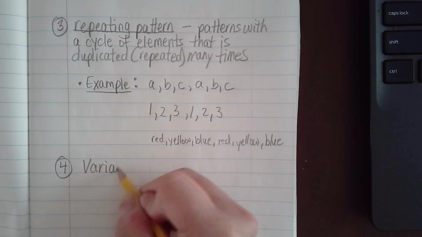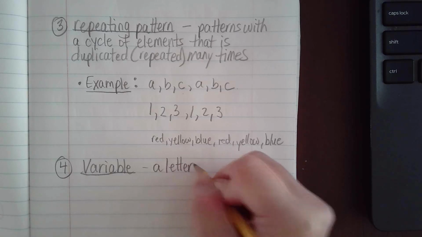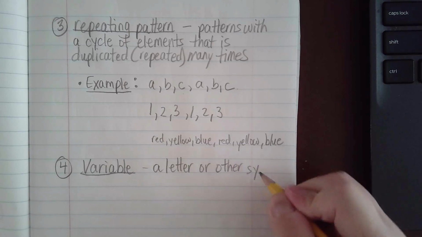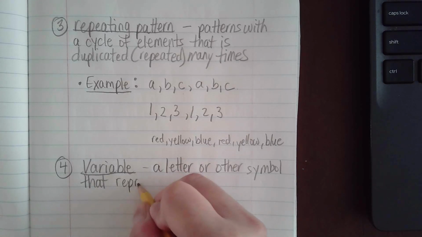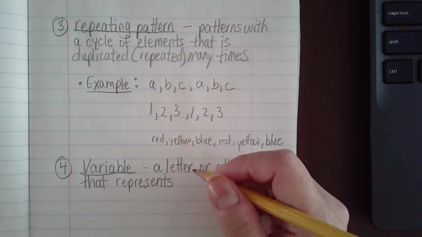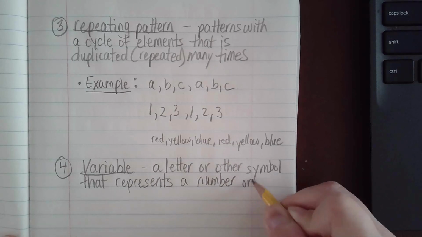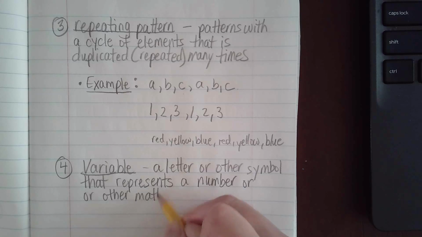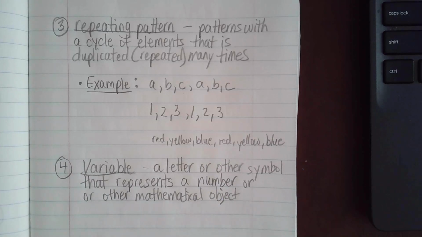A variable is a letter or other symbol that represents a number or other mathematical object.